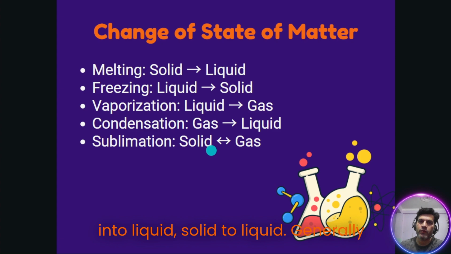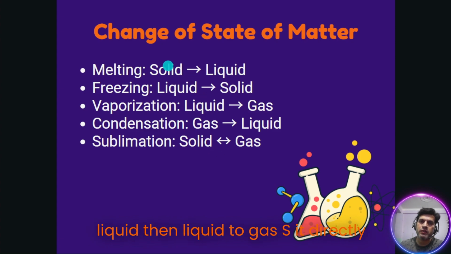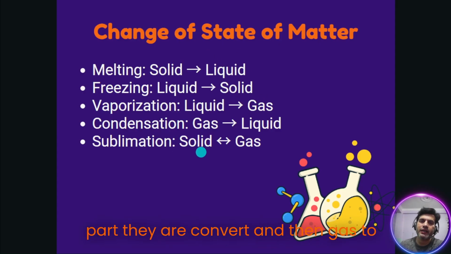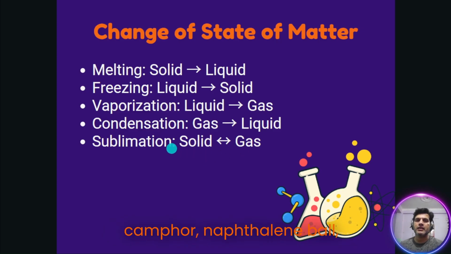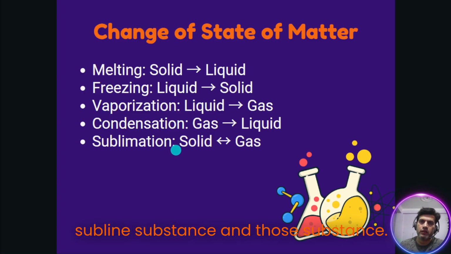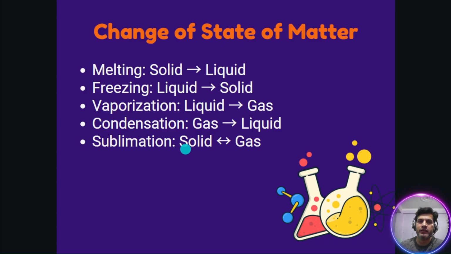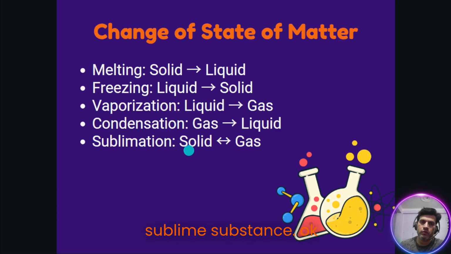Generally, solid converts to liquid and then liquid to gas, but here it converts directly, and gas directly to solid too. Examples are camphor, naphthalene balls, and solid carbon dioxide. Those substances which go through the sublimation process are called sublime substances.